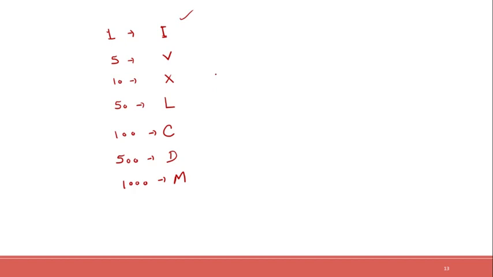Just revise it once and you'll surely learn it. These three we have learned already because we have done questions on them. In the next lecture, I'll cover these four and you will learn them for sure.